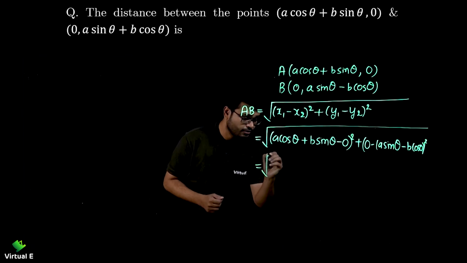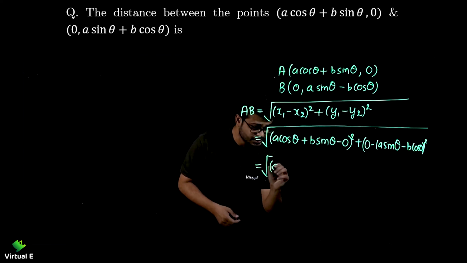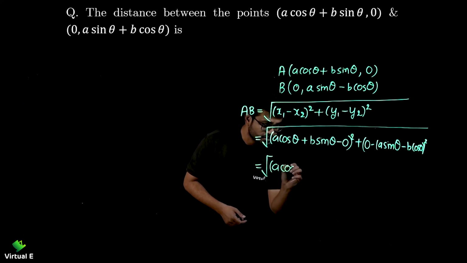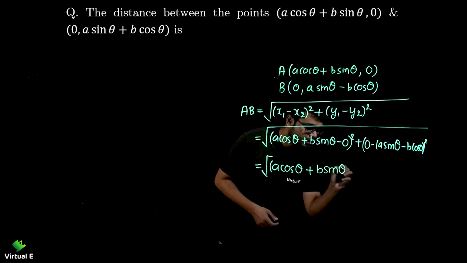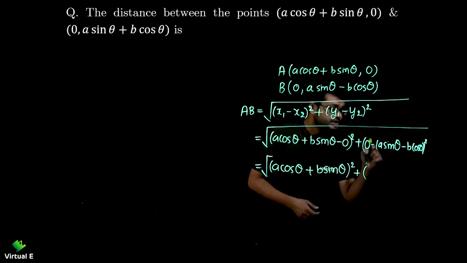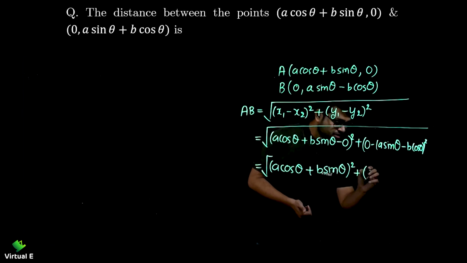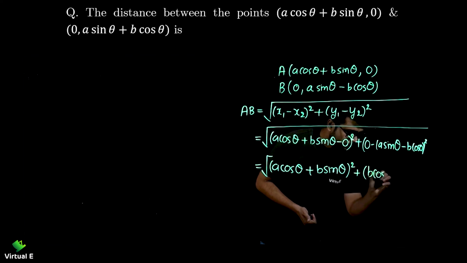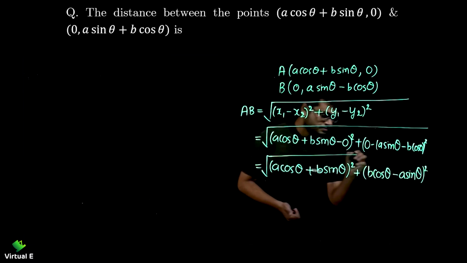Here minus 0 remains as it is, so (a cos theta plus b sin theta) whole square. Then the a sin theta becomes negative and b cos theta positive, so (b cos theta minus a sin theta) whole square, with the square root as it is.